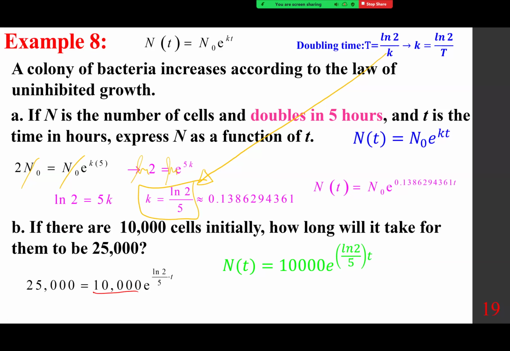Divide by 10k, both sides. And you get 5 halves on the left.